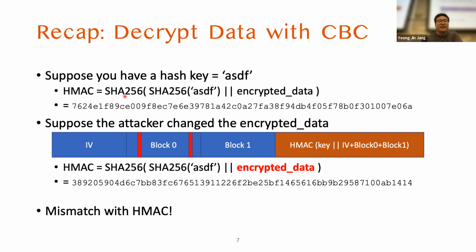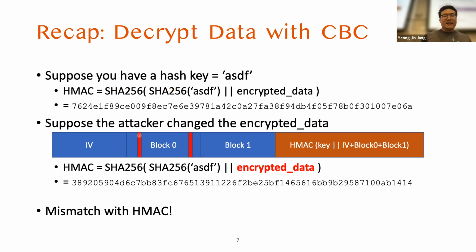Yeah. And then the HMAC is proven to be secure by having this kind of construction and using a cryptographically secure hash function. SHA-256 is currently believed to be secure, so constructing HMAC in this fashion is a secure way.